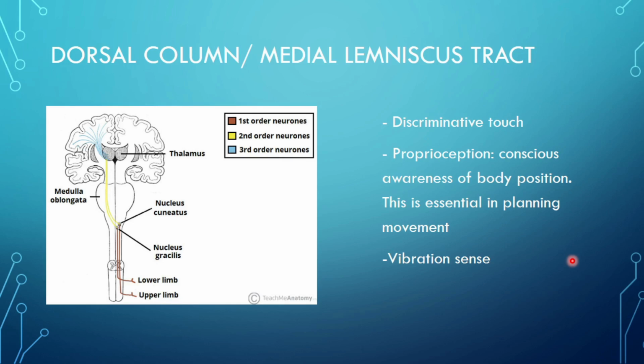That sensation is first picked up by touch receptors within the skin of my fingers, which are attached to the first order neuron in the dorsal column medial lemniscus pathway.